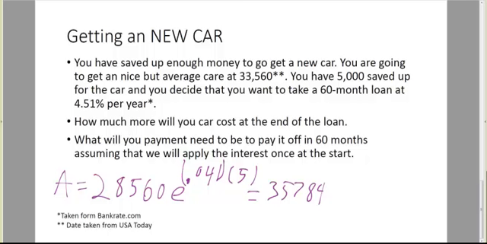And so looking at this, it only costs $2,000 more, but we have to remember that we've already put that $5,000 in. So really it's going to be $7,000 more. And you can also try it without the $5,000, see how much more it would cost. And now to find out what we have to make the payments on, we'll divide it by 60.